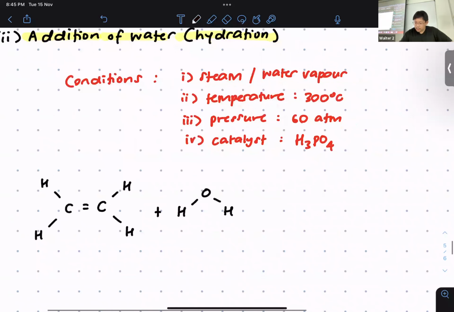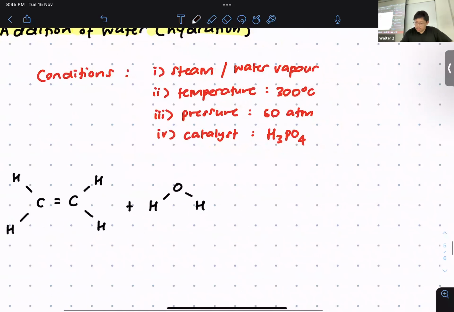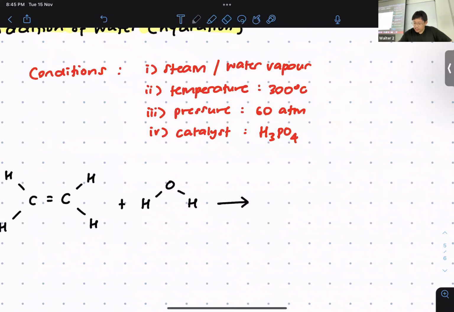So we have a hydroxyl group. After combining, its double bond opens up and accommodates one hydrogen atom, and then we have an OH to do this.